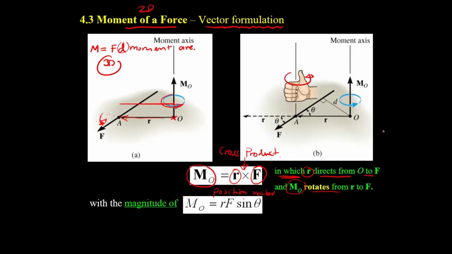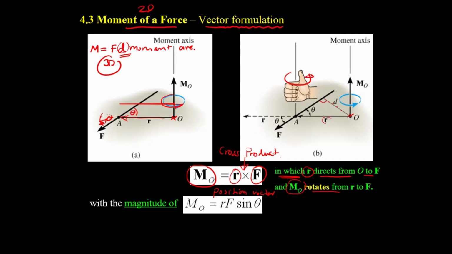Now, you got to use the same concept of the moment arm. This is the moment arm, the distance measured from the point of the moment to the force, the perpendicular distance. And this works since the angle here is theta.